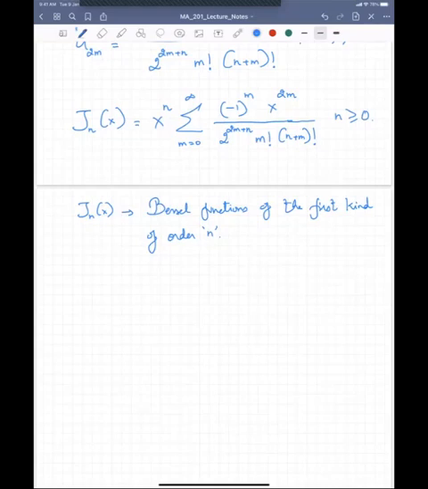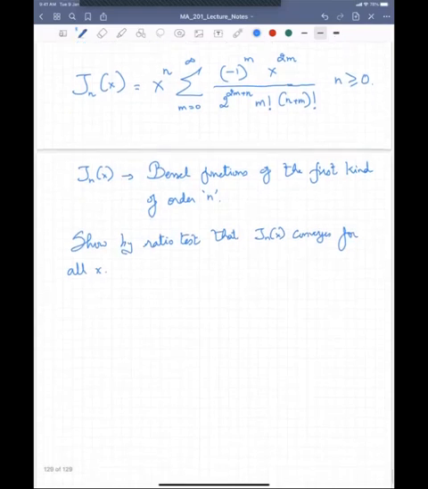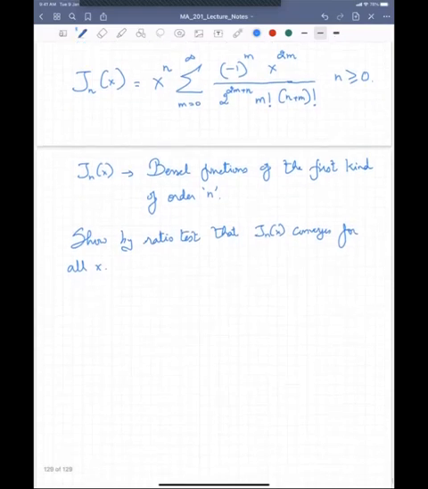So you can show by the ratio test that Jn of x converges for all x. I leave this to you to show. So that's pretty much everything you need to know about Bessel's function of the first kind of order n, assuming that nu is an integer n.